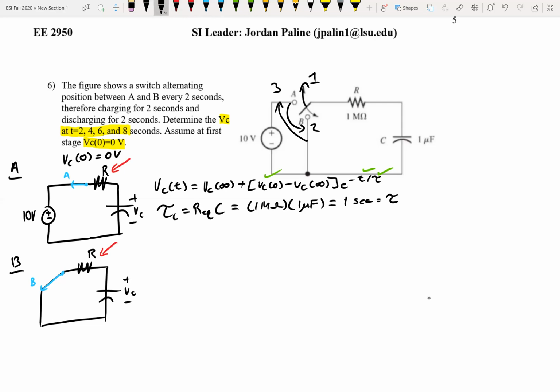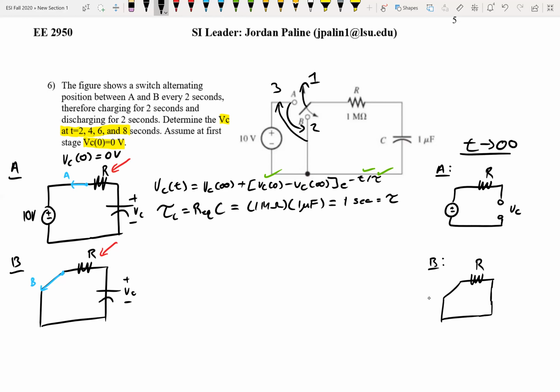Well, if we let the A circuit run to infinity, this was V of C, R. And then if we came in here and did the same exact thing, these are as time goes to infinity.